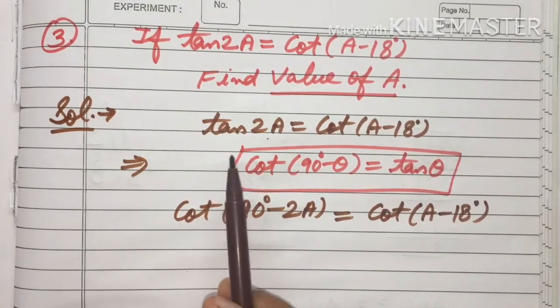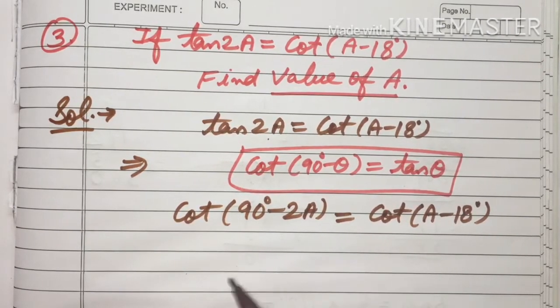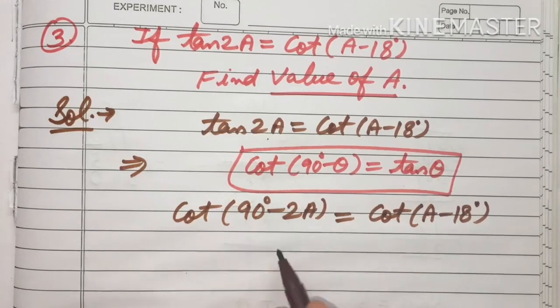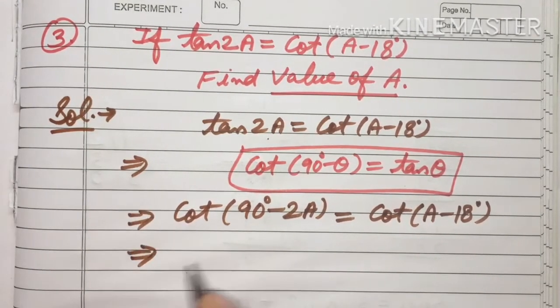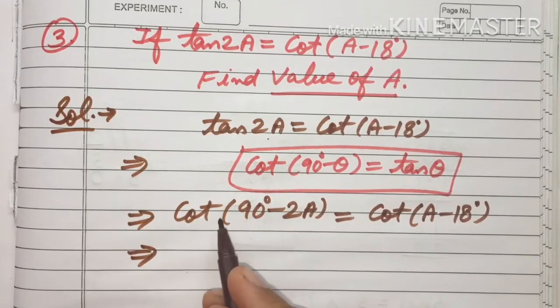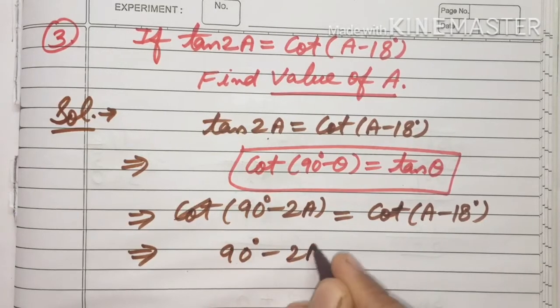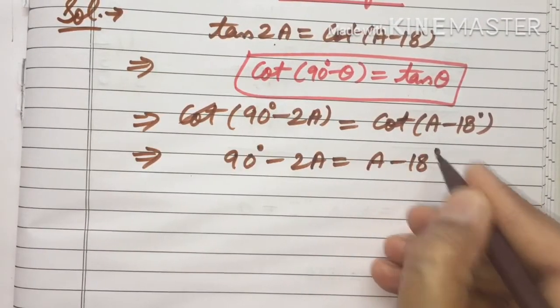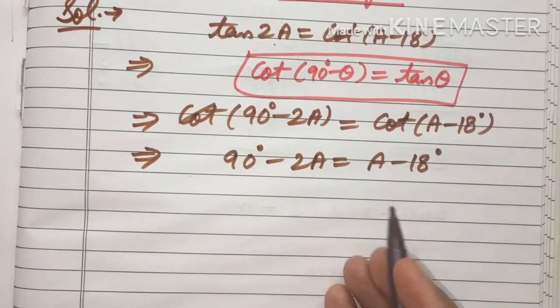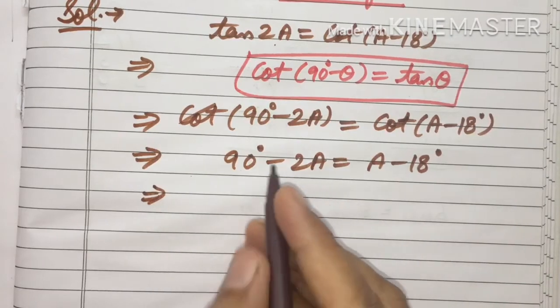So we have changed this tangent into cotangent because we need both sides cot, so that we can cancel that and we can find out the value of A. So in the next step, both cot are there, so they can cancel, and left part is 90 degree minus 2A is equal to A minus 18 degree. So we will send these A in the left side or in the right side as you want.